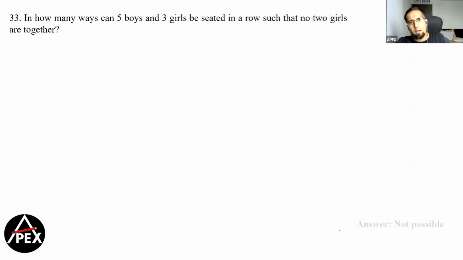Can we solve this, please? Now let's follow it together, guys. No two girls are together. So I first arrange boys. 5 boys in 5 places will be 5 factorial. Clear? Now, in any of the 6 places, I have to arrange the remaining 3 girls. So 6P3 becomes your answer.